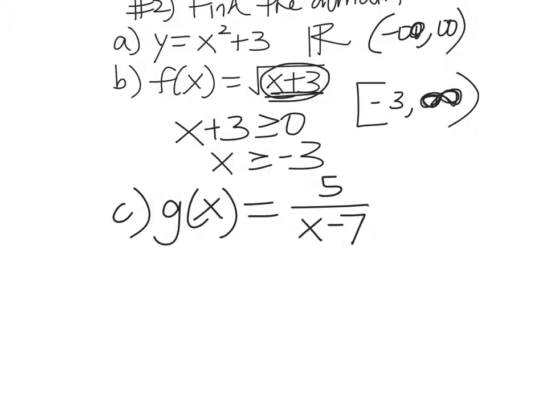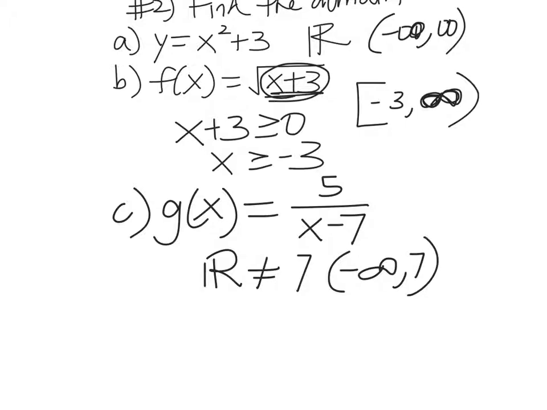So this is how I would write the domain: all real numbers except for 7. The book writes it as negative infinity to 7 with a parenthesis, union 7 to infinity. All they're doing is taking out 7 there.